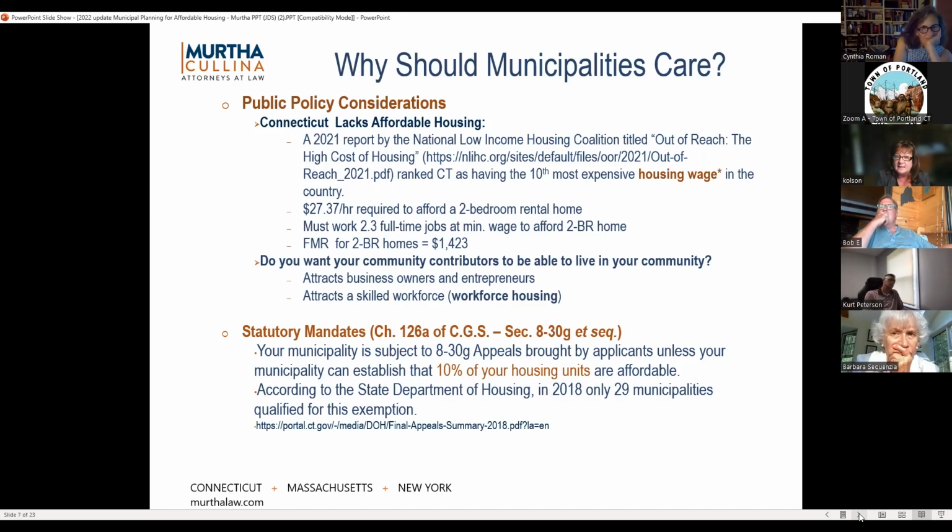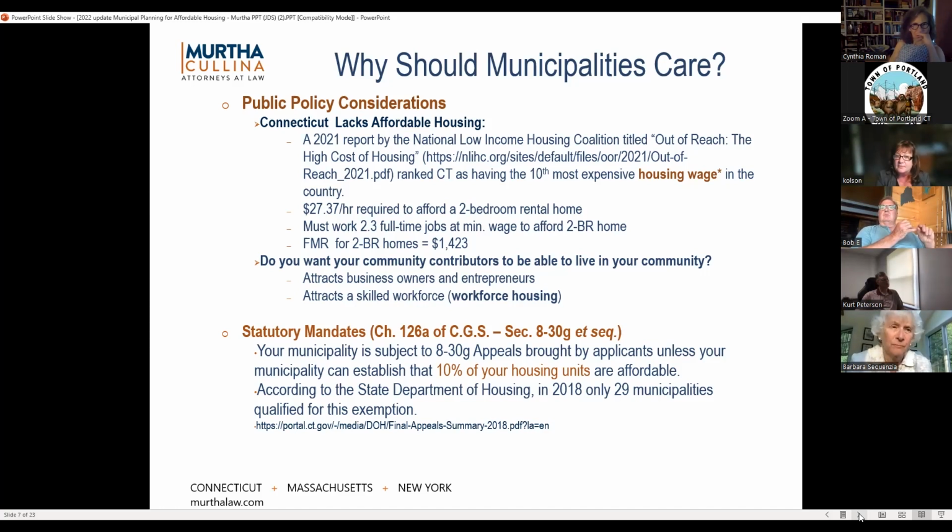And what is that? That means that in 2021, you had to make $27.37 per hour to afford a 2-bedroom rental home. You have to work 2.3 full-time jobs at minimum wage to afford a 2-bedroom home, okay?